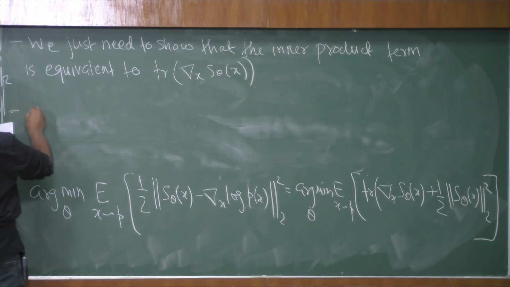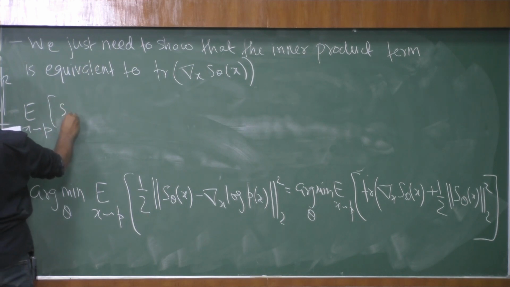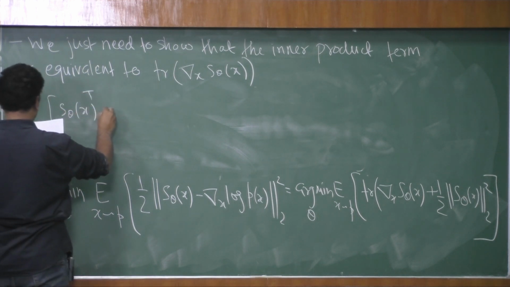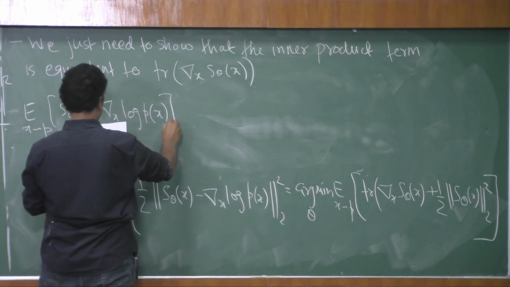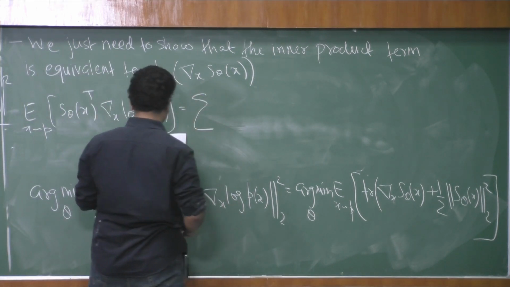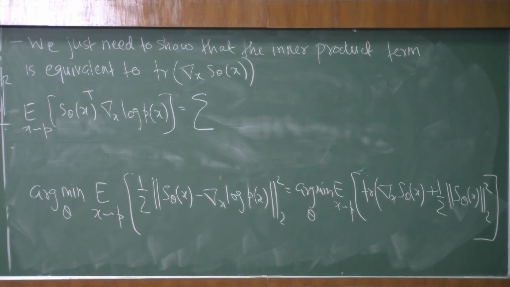So let us say, we have to recall integration by parts now. So this is s theta x transpose grad x log px. This is where we start with, and this is equal to the sum over i equals 1 to d, because this s theta and all are d-dimensional vectors.